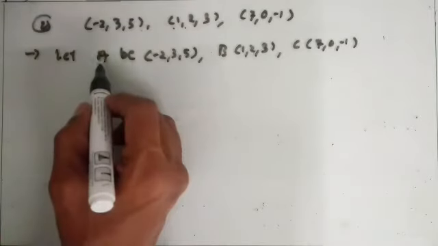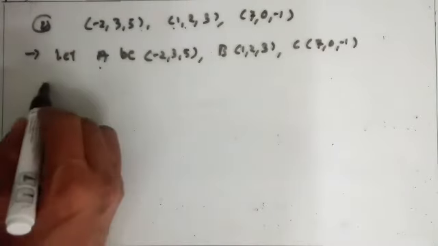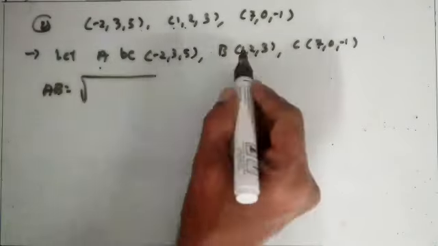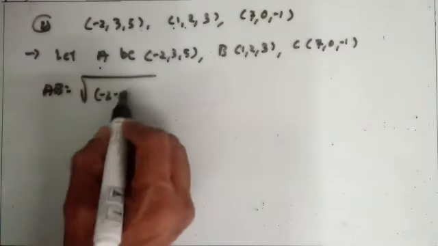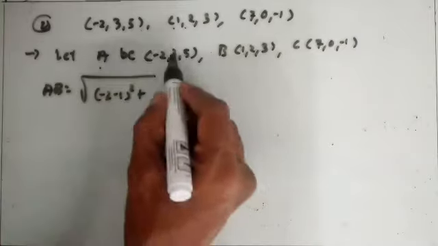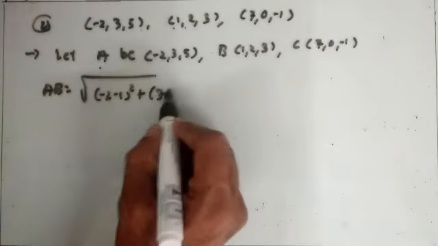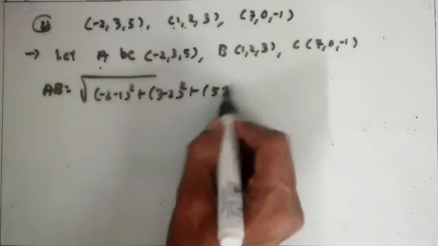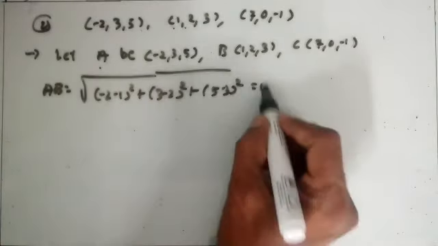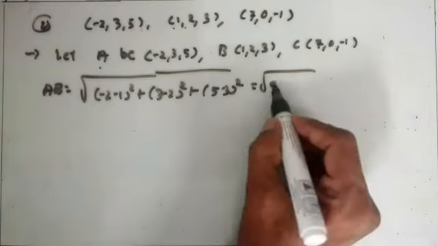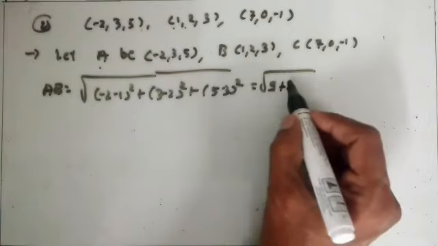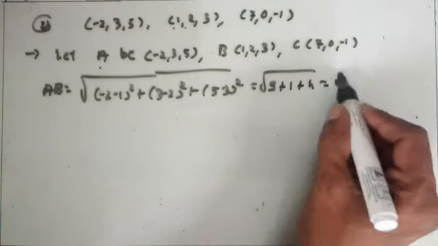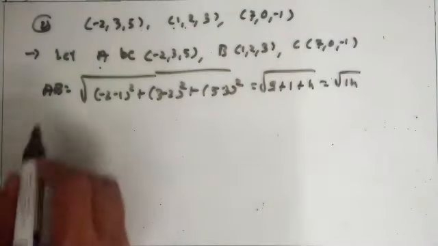Here first we find the distance between A and B, that is AB. So AB is equal to root of minus 2 minus 1 square plus 3 minus 2 square plus 5 minus 3 square is equal to root of, here 3 square is 9 plus 1 square is 1 plus 2 square is 4 is equal to root of 14.